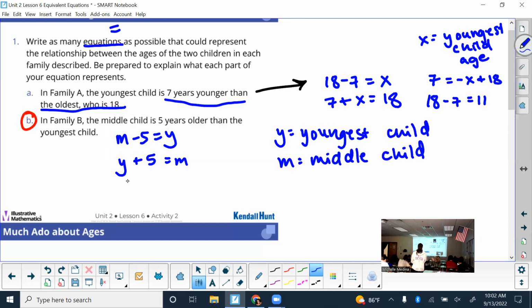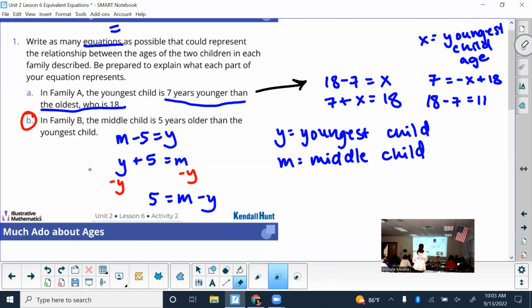What could I write? How could I move this y? Jalen? Good, and then now I have 5 equals m minus y, or negative y plus m, even that would be the same. Anything else someone wants to share?